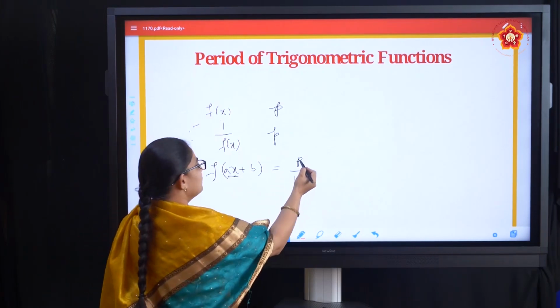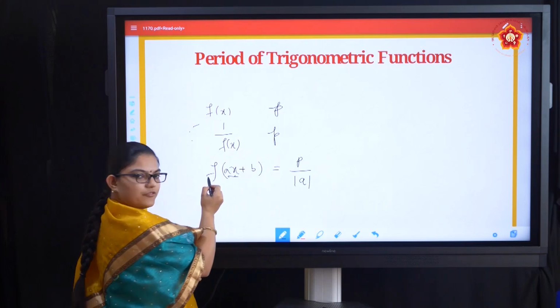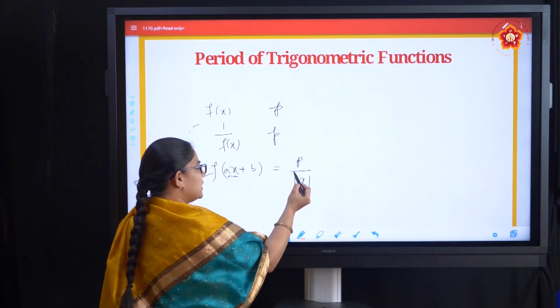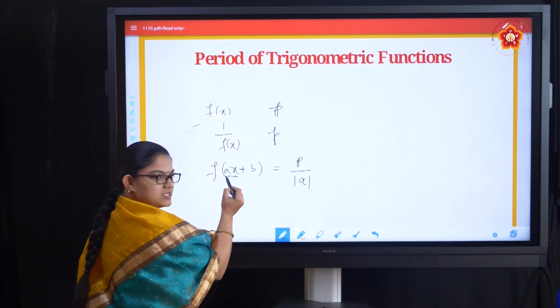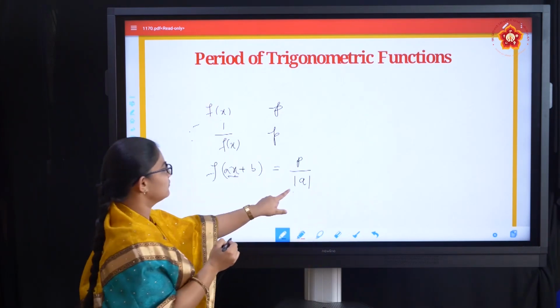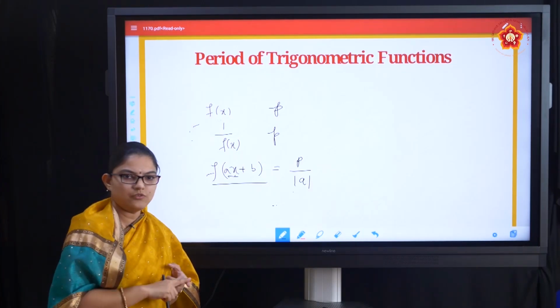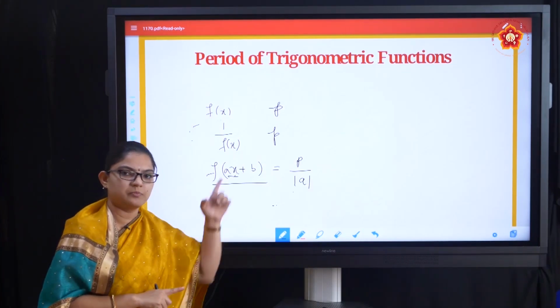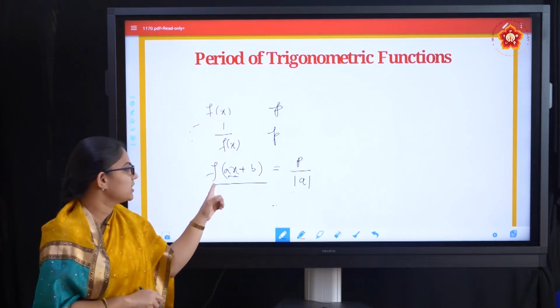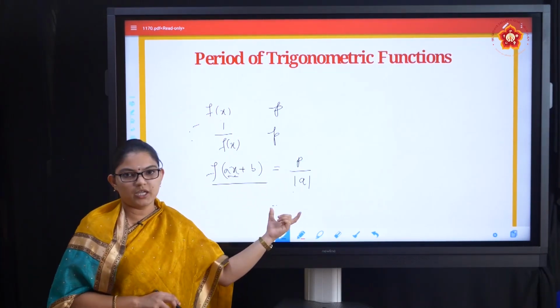So if we find P by mod a, where P is the period of f of x and a is the coefficient of x, then P by mod a will be the period of f of ax plus b.